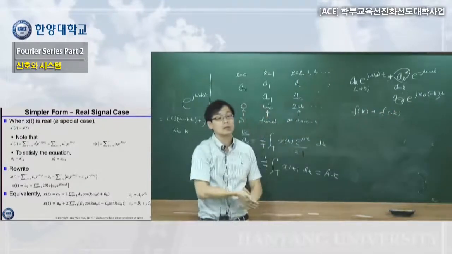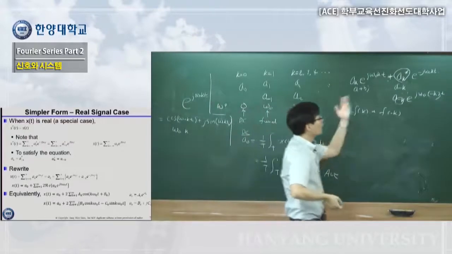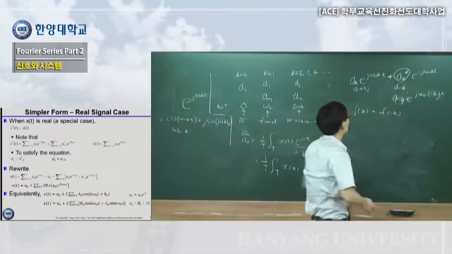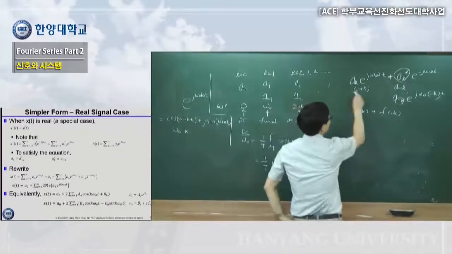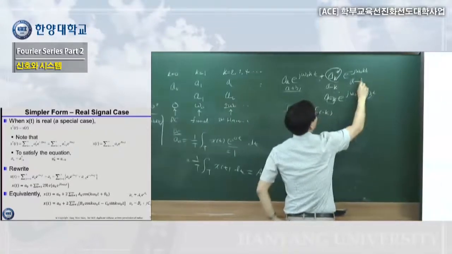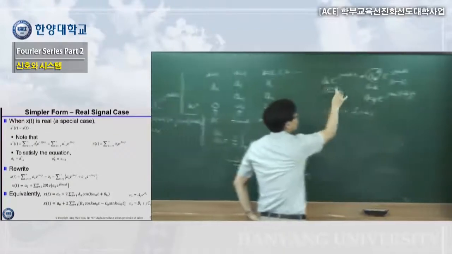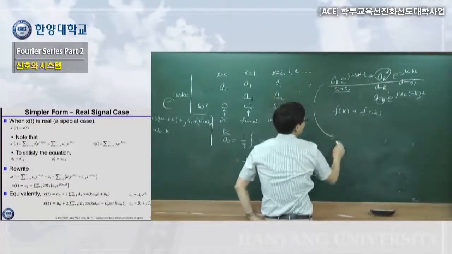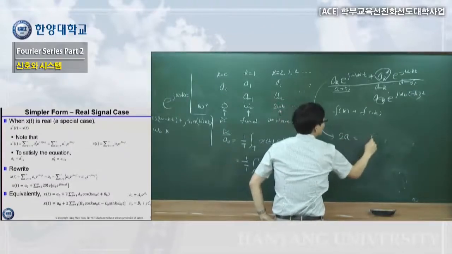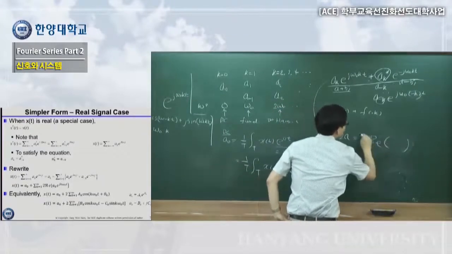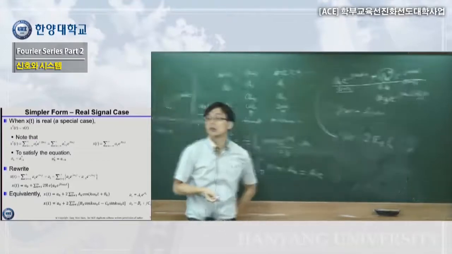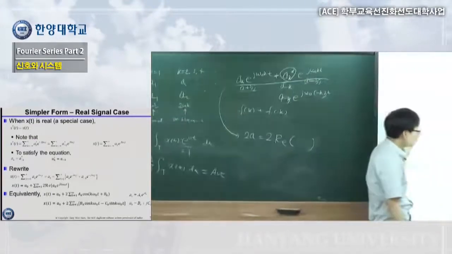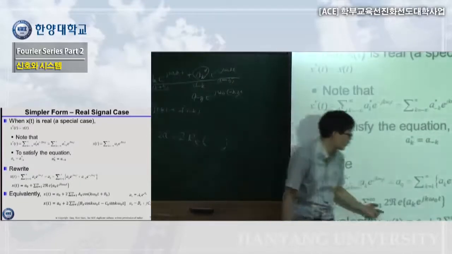And if you add a conjugate, if you add the star and its own, what happens? As this one is a plus bj and this one is a minus bj, from our assumption, the final value is 2a, only the real part times 2. That's from the assumption. So we show that this is our real part.